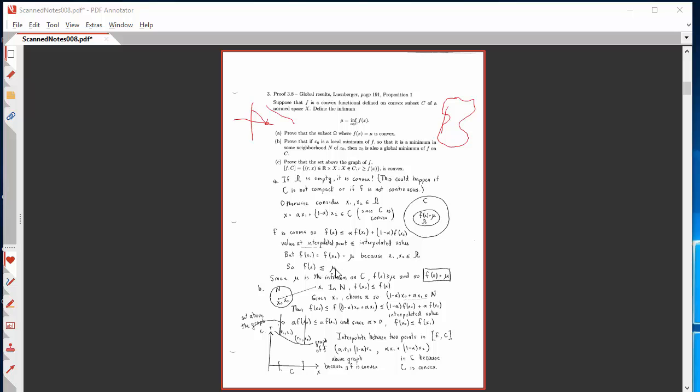However, mu is the infimum, so the only way for f of x to be less than or equal to mu is for it to be equal to mu, and we've succeeded in proving that this set is convex, that f of x is equal to mu at this interpolated point.